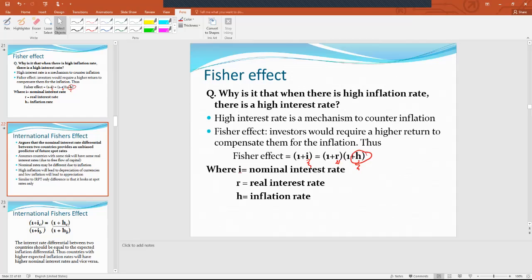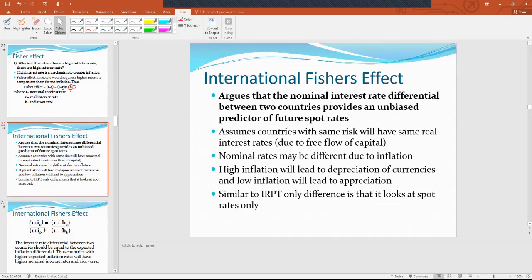Therefore, the nominal interest rate differential between two countries is called an unbiased predictor of the future spot rate. Don't forget what we said about the purchasing power parity theory, that the inflation rate differential between two countries can be used to explain the change between the current spot rate and the future spot rate.